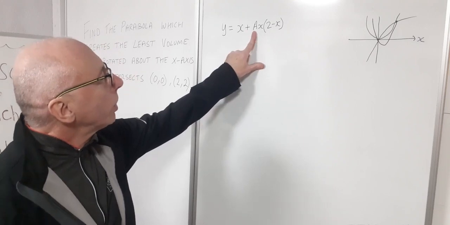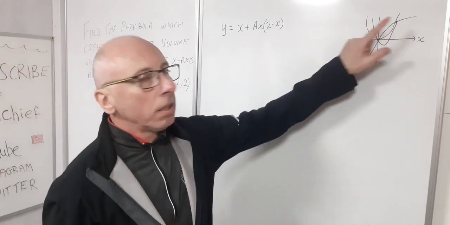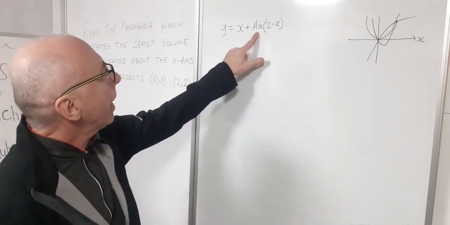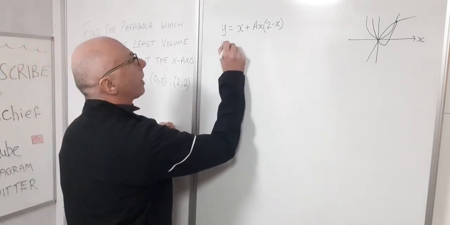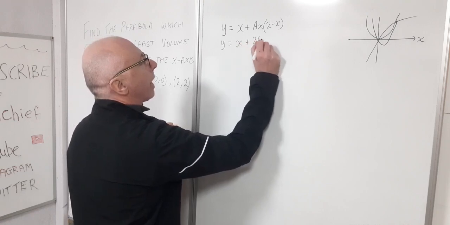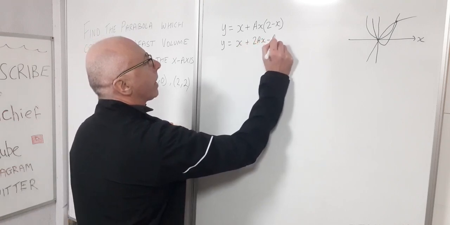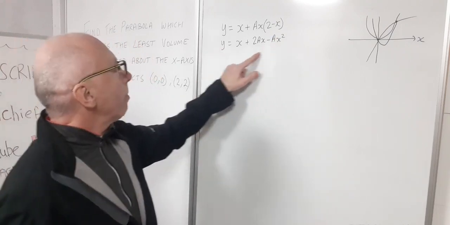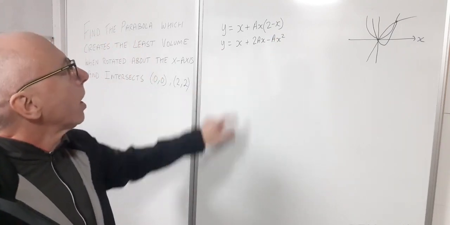And to give us our best parabola, we want to find this parameter a, because when we expand that out, we'll have y equals x plus 2ax minus ax squared. That would be a valid parabola.